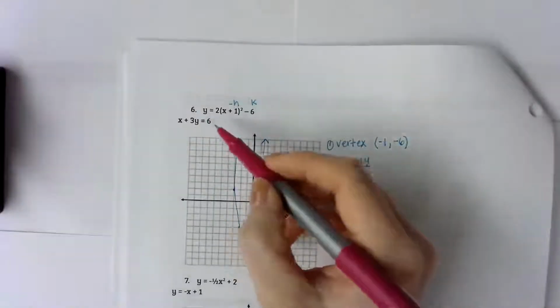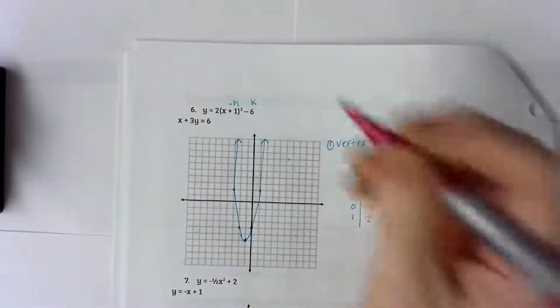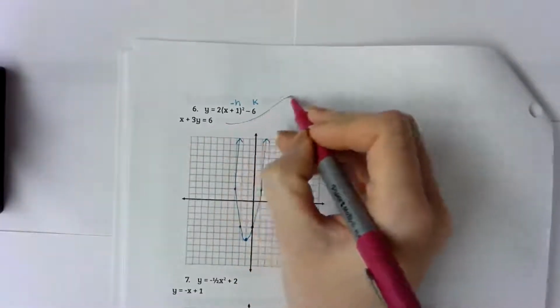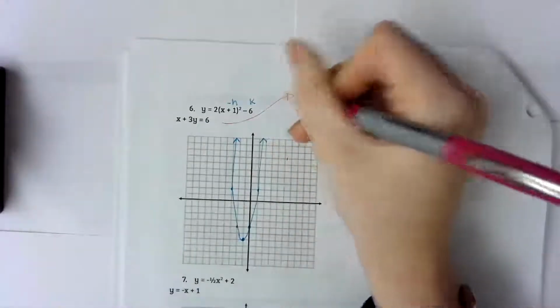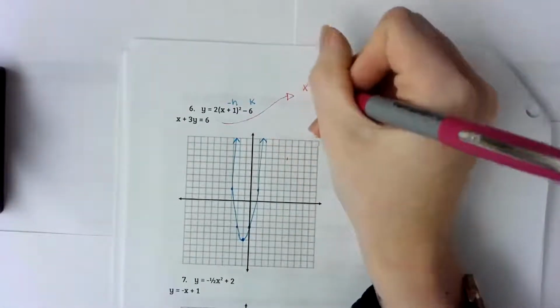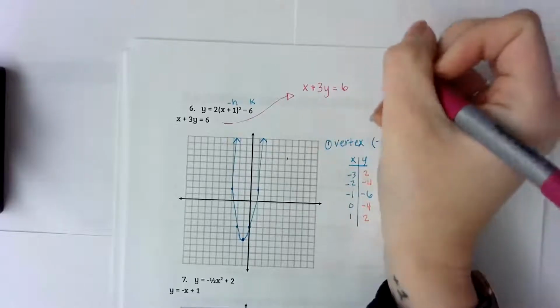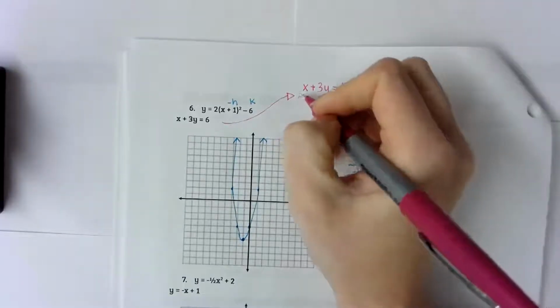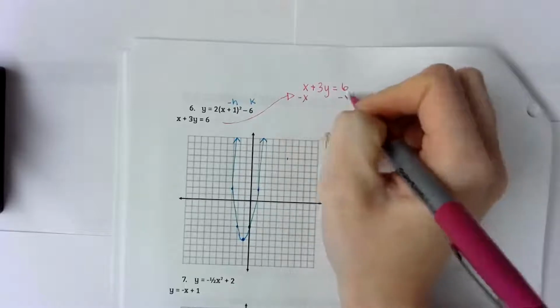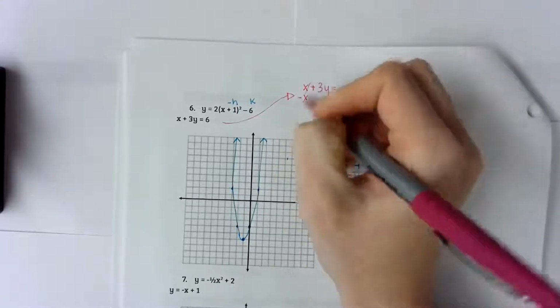So this is not in y equals form. So we're going to have to put that in y equals form. So I'm just going to do my work for that up here. So I'll start by subtracting x on both sides so that this goes away.